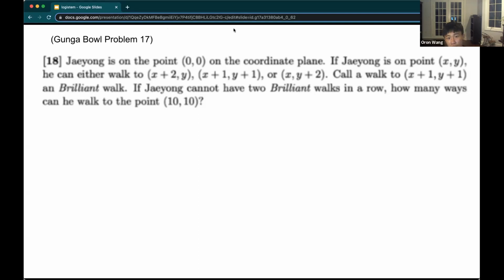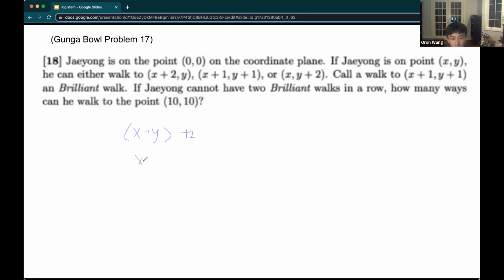Okay, we can go over this now, I think. For this problem, the first thing we notice is that each walk changes the value x plus y. This increases by 2, no matter what walk he chooses.